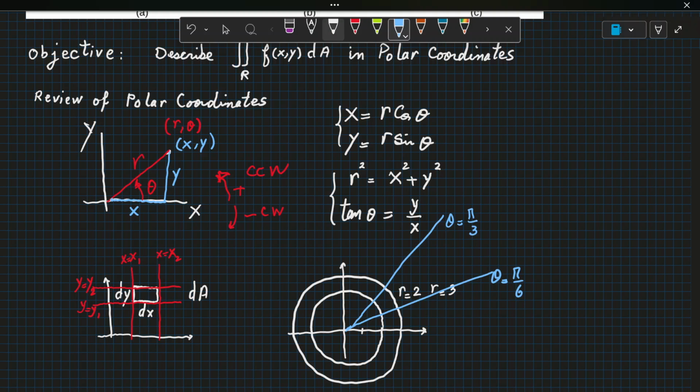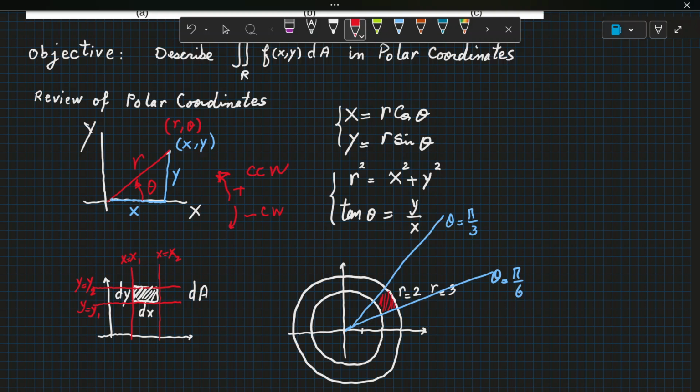Now, in terms of having a region, here we had this kind of a rectangle, which is limited by x and y's. But now I have this region, which doesn't have a specific name, but it kind of looks like a trapezoid, except that two edges of it are round pieces of a circle.